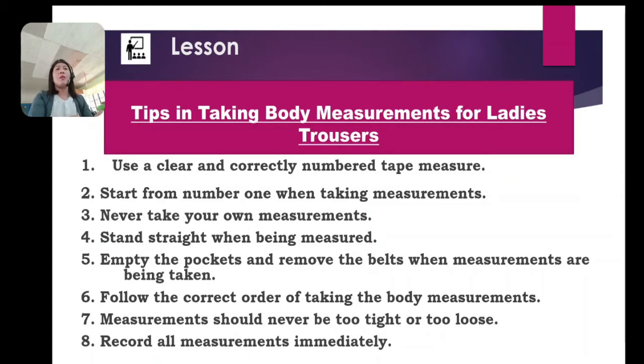Which means, in taking body measurements, it should not be very tight or very loose. And the last one is record all measurements immediately. So you need to record all your measurements immediately, so you will not forget them.